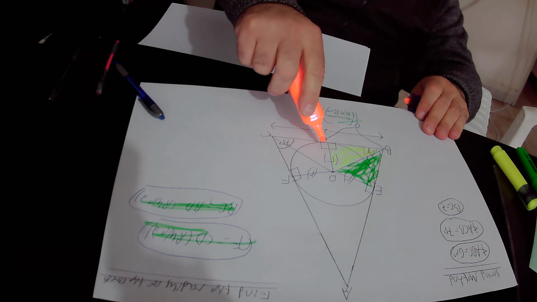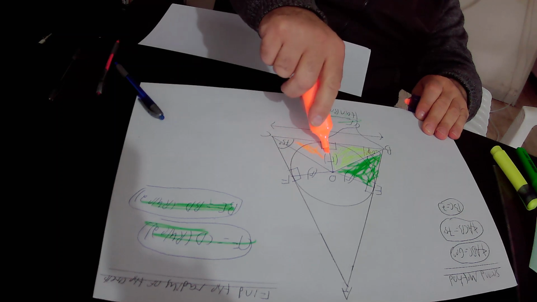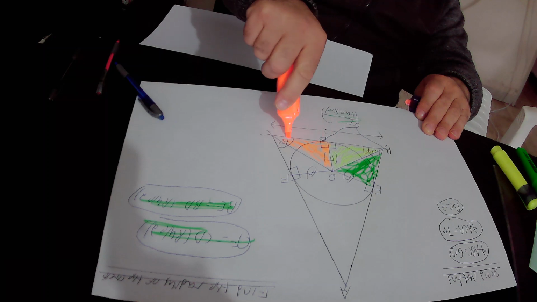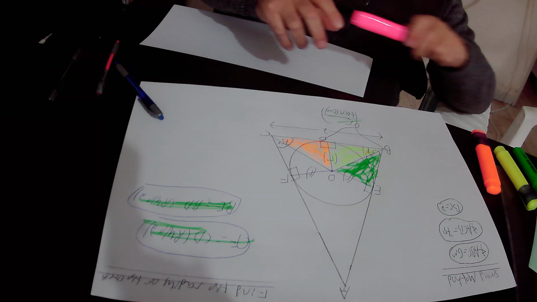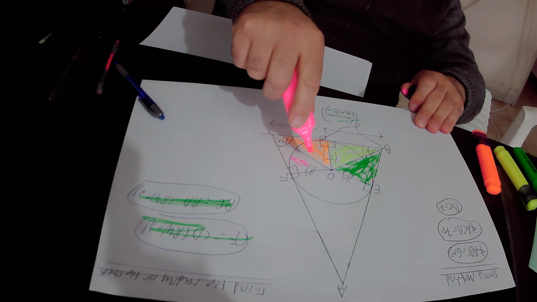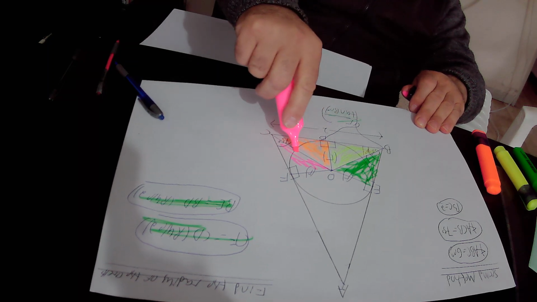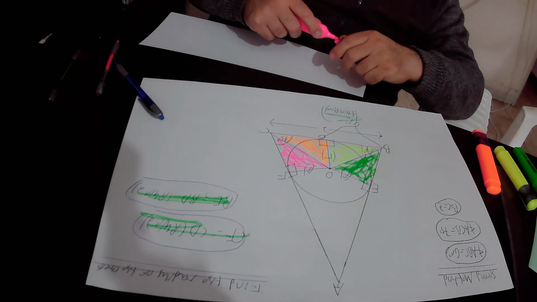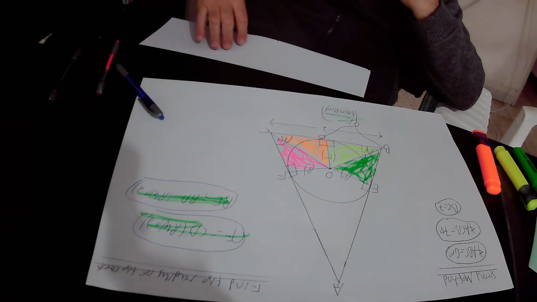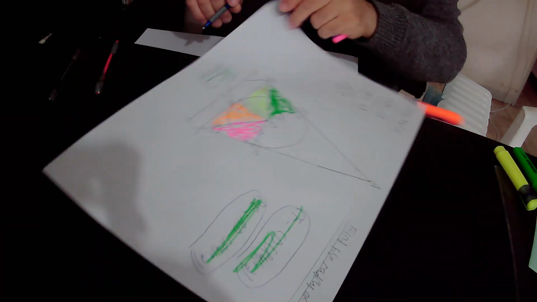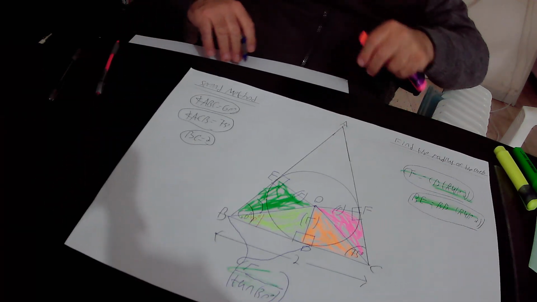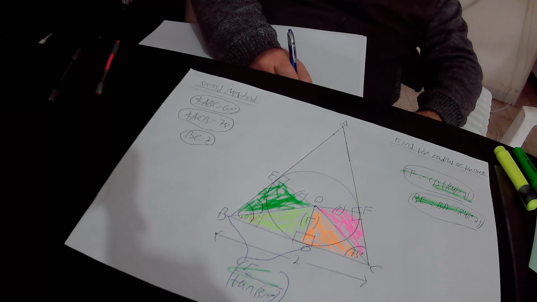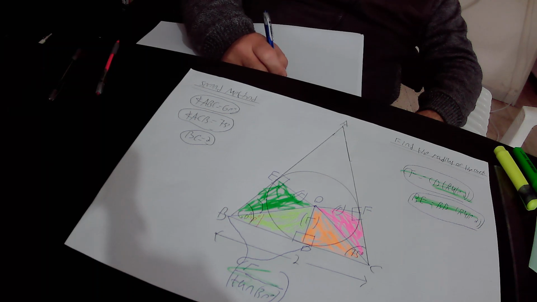So we prove that the orange right triangle ODC is congruent to the pink right triangle OFC.